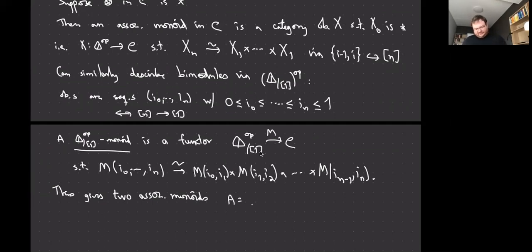Say A, which is given by M00. If I just look at the subcategory of delta over 1 where all of the values I0 through In have to be 0, then I get a copy of delta, and restricting along that, I get an associative monoid like here.